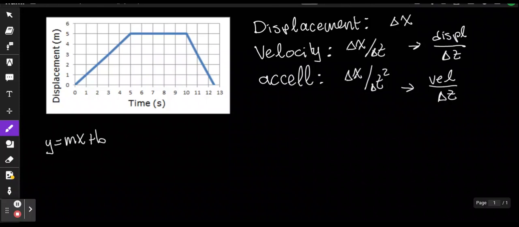So if we had a graph where the y-axis was displacement and our x-axis was time, the slope of that graph would give us velocity because it would be rise, which is displacement, over run, which is time. And if we had a graph where the y-axis was velocity and the x-axis was time, then our slope would give us acceleration.